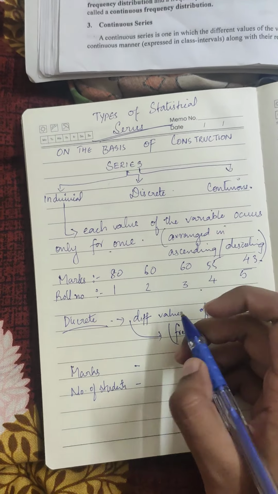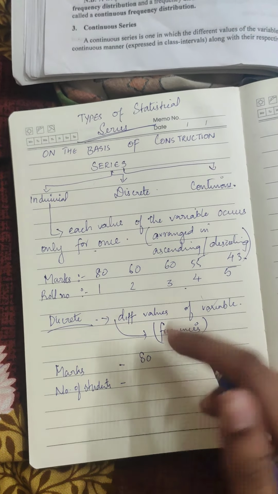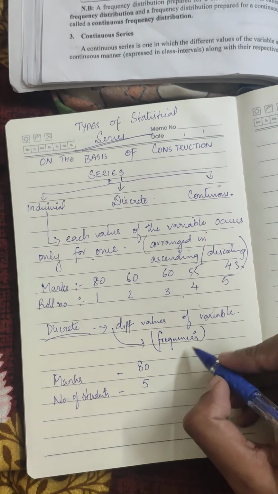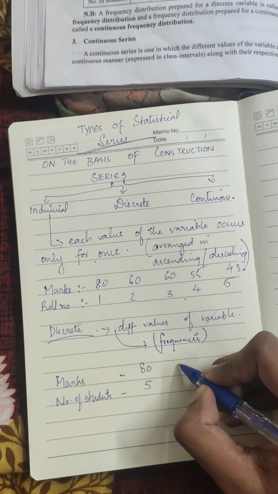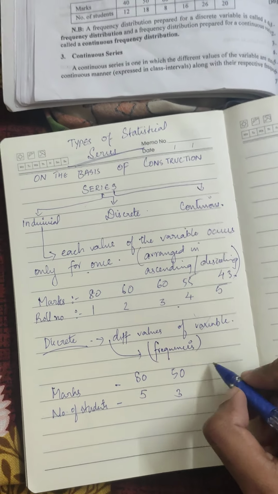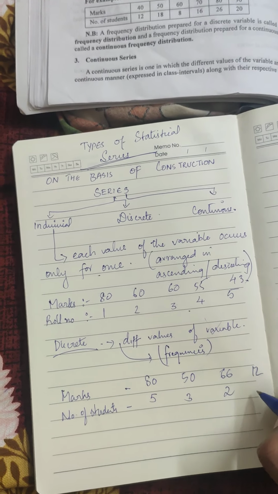So the marks: how many students scored 80 marks. In my class, if 5 of them scored 80, I'll just write 5. Somebody who scored 50 marks, there might be 3. And 66 marks, maybe 2. And then 12 marks, maybe 1.